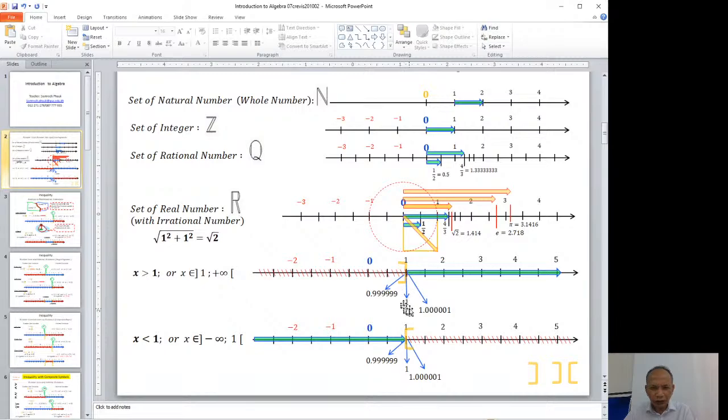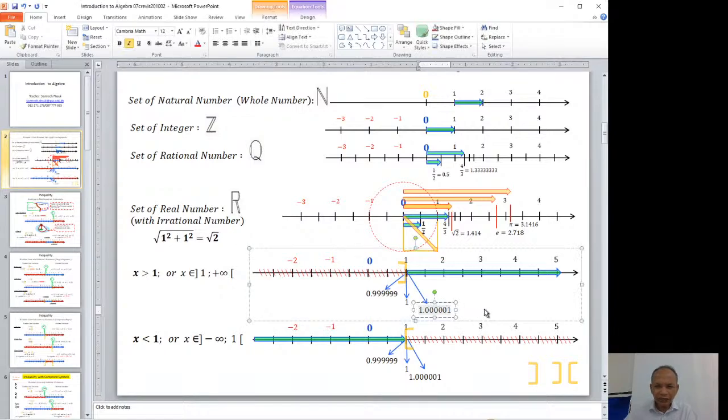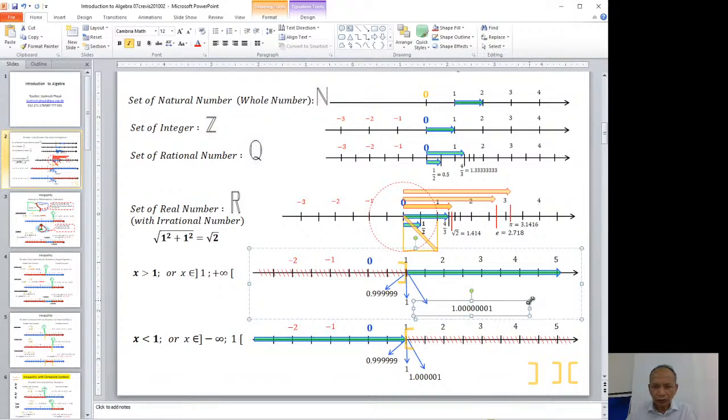It means x may take a value like 1.00001.